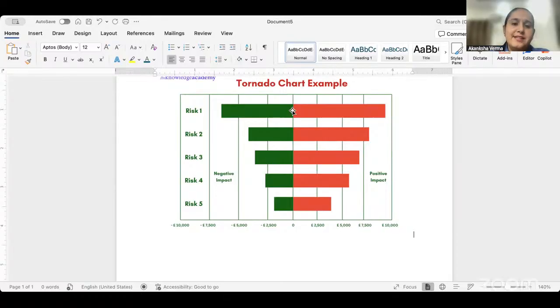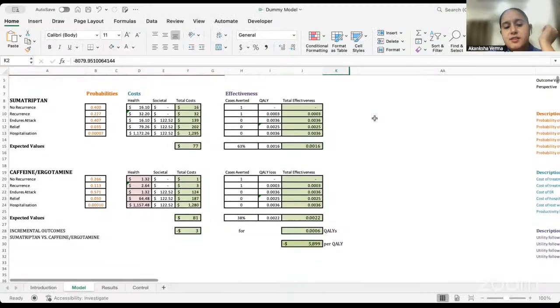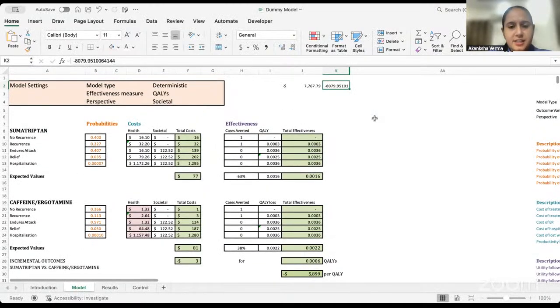It will vary the values by 20% plus or minus, or based on the standard deviation, and then give us this tornadogram. Now I'll move back to the model. So this is how we do one-way sensitivity analysis.